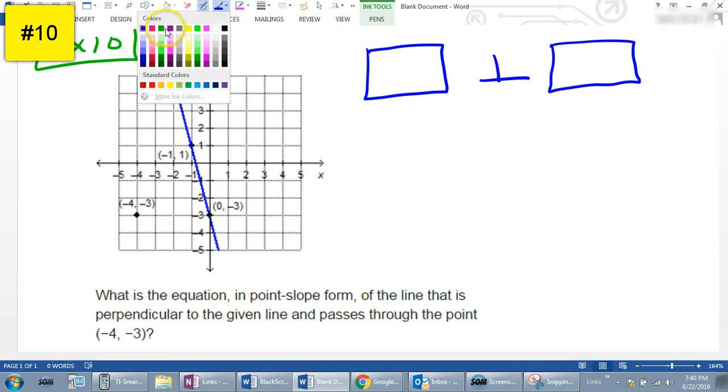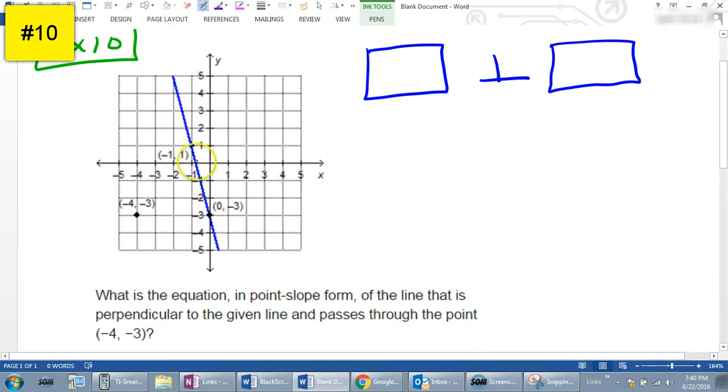Alright, so first we need to find the slope of the original. And again, I could sit here and go y2 minus y1 over x2 minus x1. I could do the numbers. But when they are kind enough to give me a graph, it's usually easier just to count.